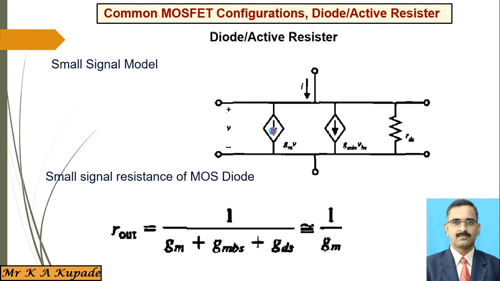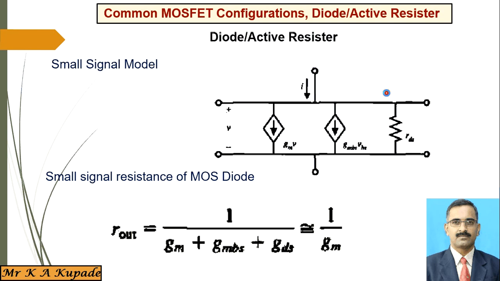Here we are shorting this gate to drain, so it is working as a PN junction. It gives one transconductance, which is with consideration of the input voltage, and another transconductance with consideration of the output, and the resistance considered for the output side. By considering all these things, the small signal equivalent circuit model gives some output resistance.